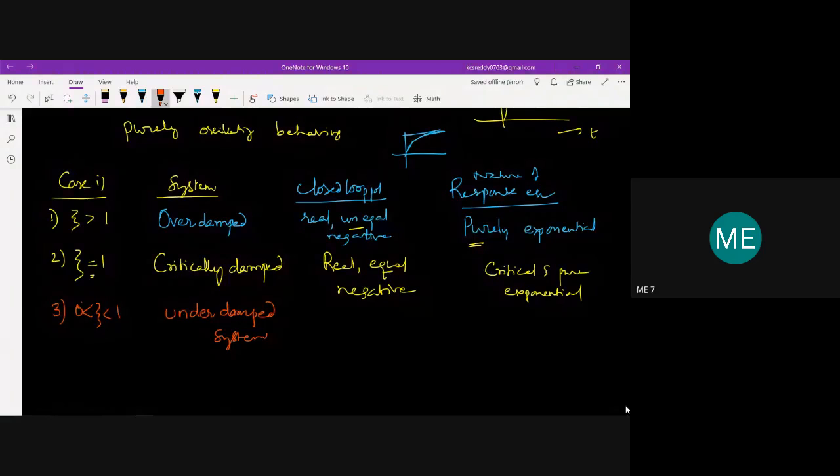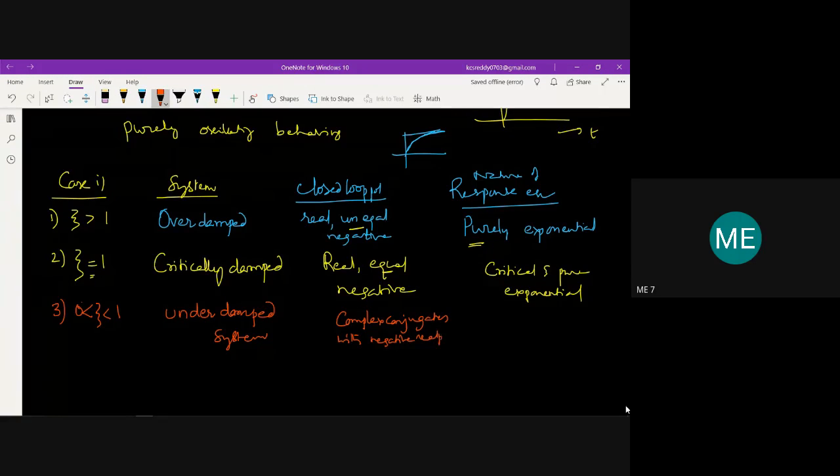When zeta is less than 1, the square root term becomes negative, so the closed loop poles are complex conjugates with a negative real part.